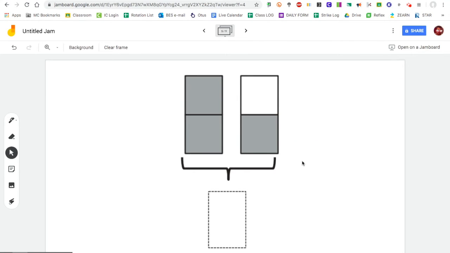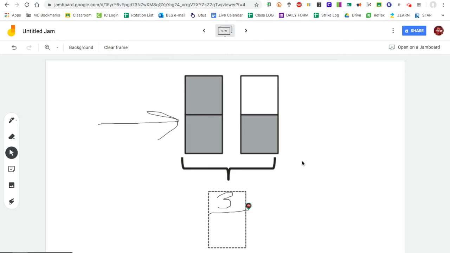All right, the whole, as you can see on the left, is cut into 2 pieces. So it's halves. So you're basically just going to count how many boxes are shaded gray. I count 1, 2, 3. That's your numerator.